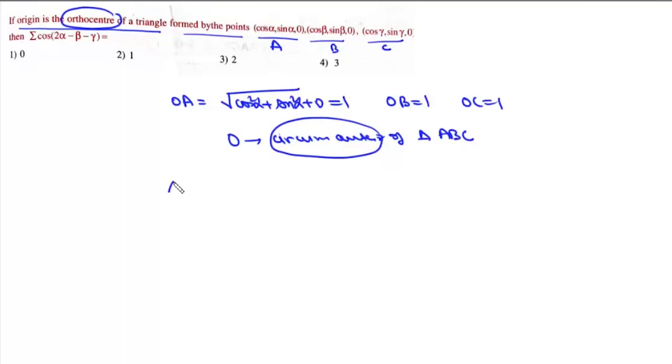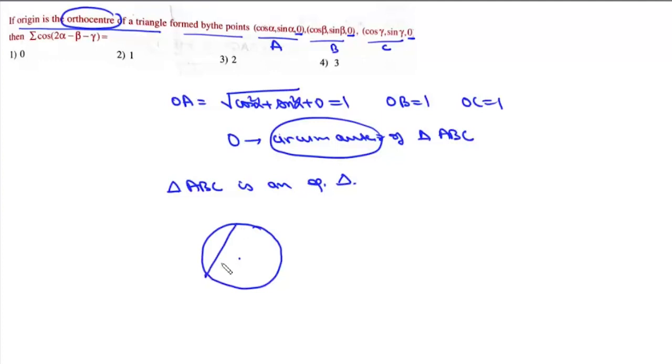Now it is given that origin is orthocenter and we have worked out origin is circumcenter. That means this triangle ABC is an equilateral triangle. Now since all the z coordinates are 0, basically we can consider this triangle in the xy plane lying along a unit circle with center at origin and radius 1 unit.